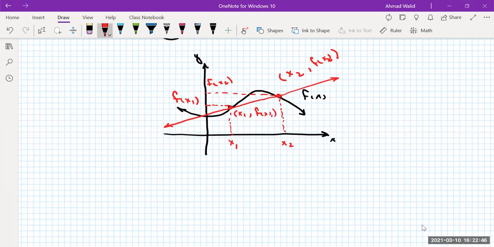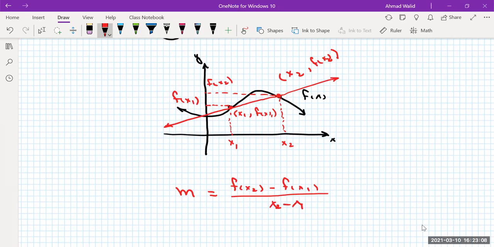Now, if I want to write the slope formula, then it becomes m equals f of x2 minus f of x1 over x2 minus x1. Correct?